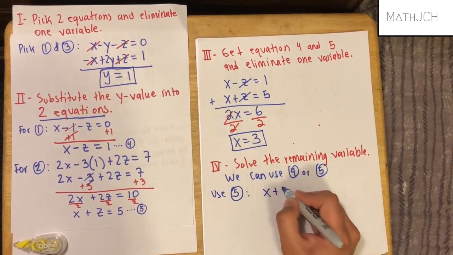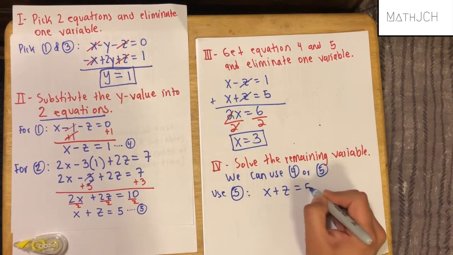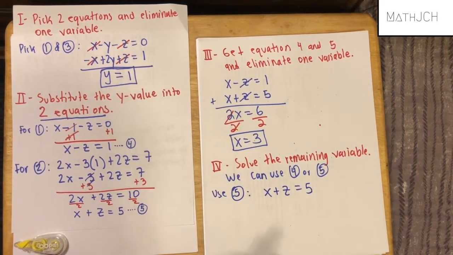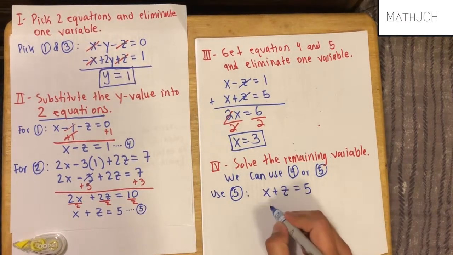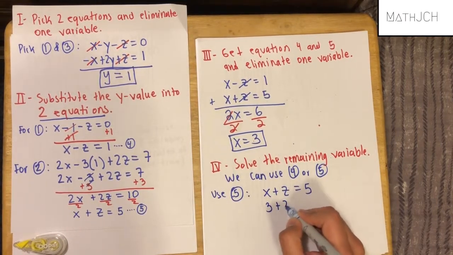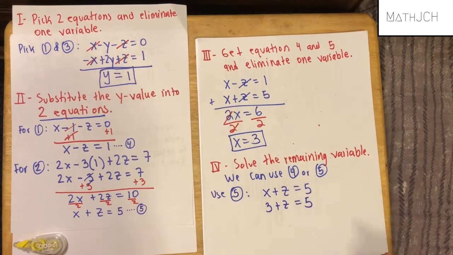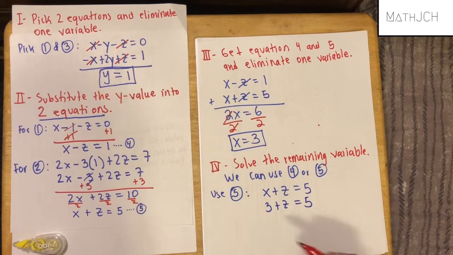So I have x plus z equals 5. So I already have x. All I have to do is substitute the x for 3 and bring the rest and solve for z. That means I need to move the 3 to the other side in order to leave the z.